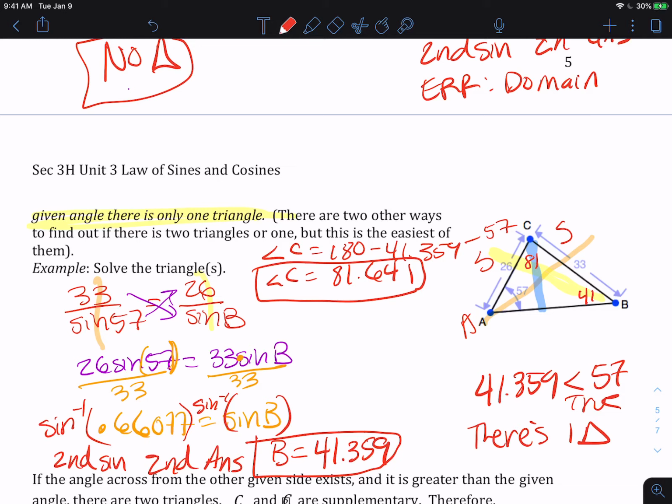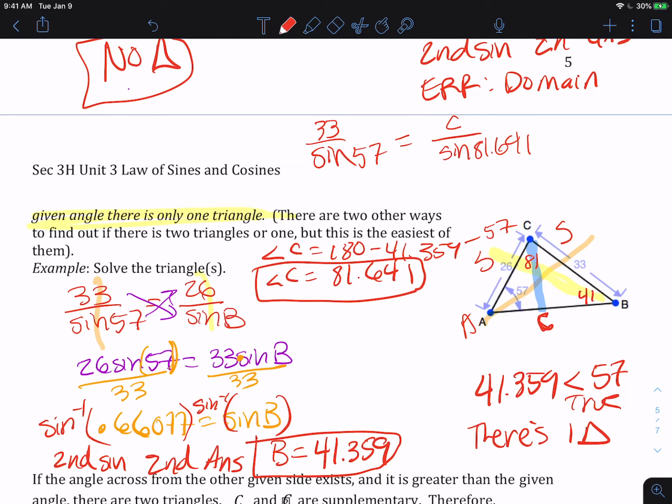We've got the orange one that we're looking at, so 33 over sine 57 equals the side that I'm missing, little side C across from the angle, we call it the same letter, just lowercase, so C over sine 81 point whatever 641.